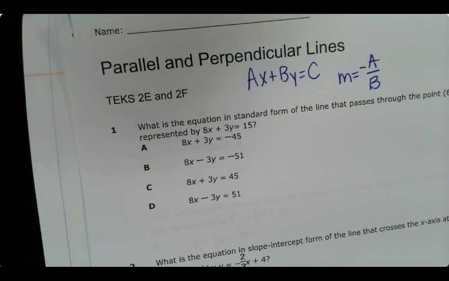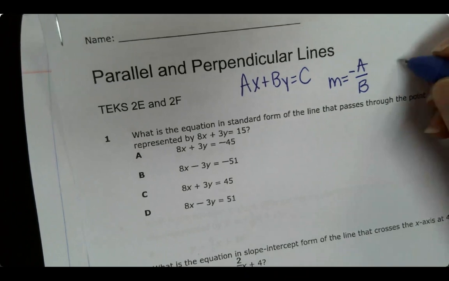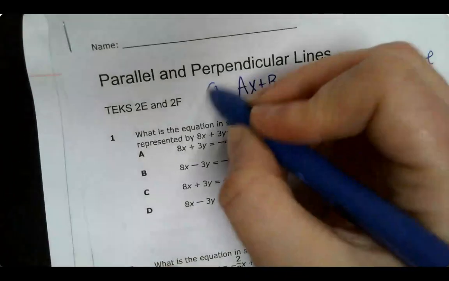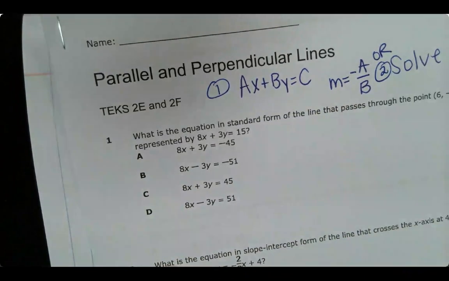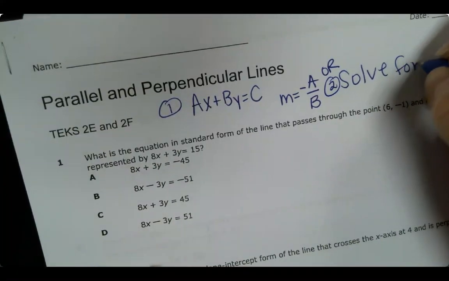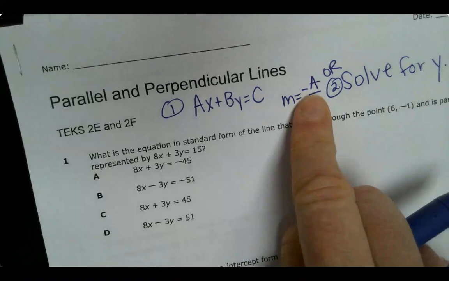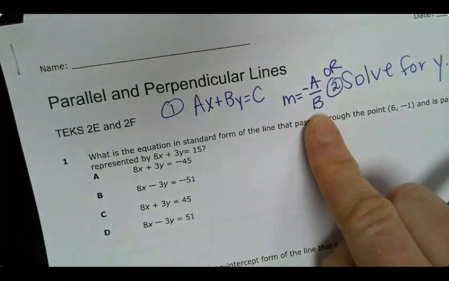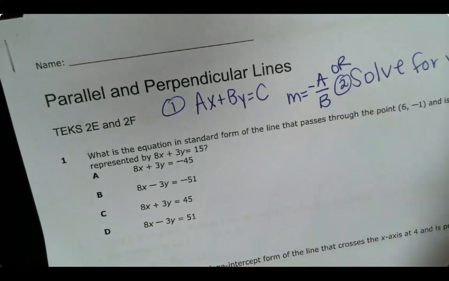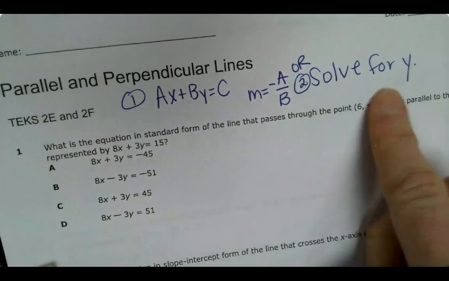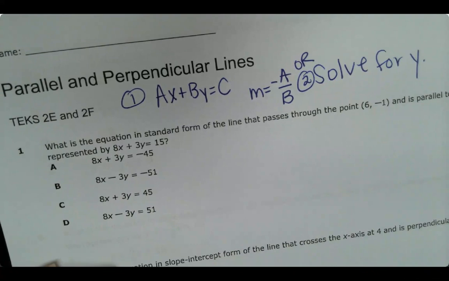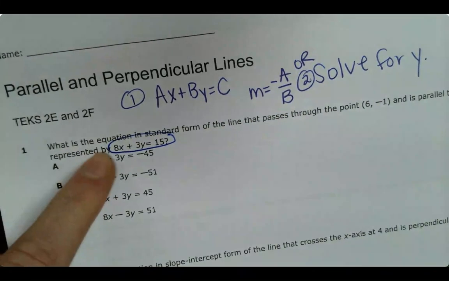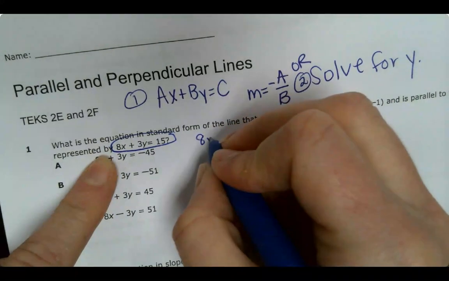So if you don't know that, then the best way to do it is just solve for y. If you can't remember this, which if you didn't use it back then you don't need to use it now. I don't want to give you something new to remember. This always works. Solving for y always works. So let's go ahead and write down our original equation. Circle it, write it down.